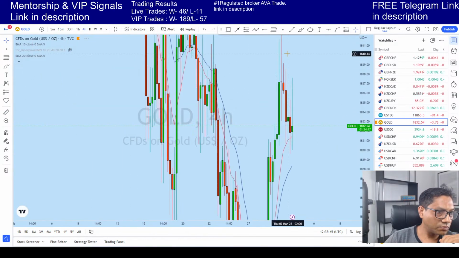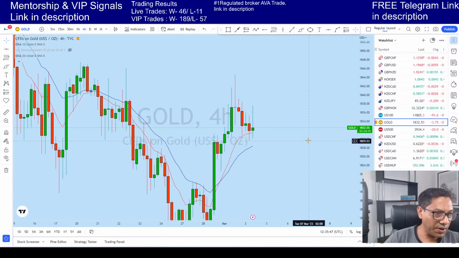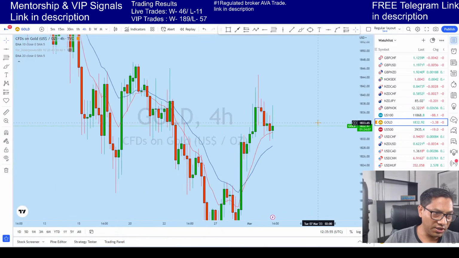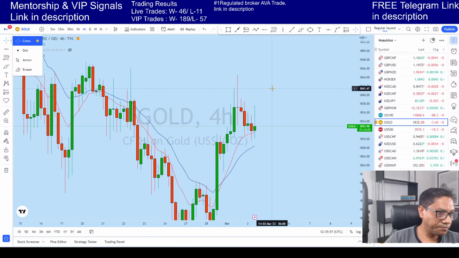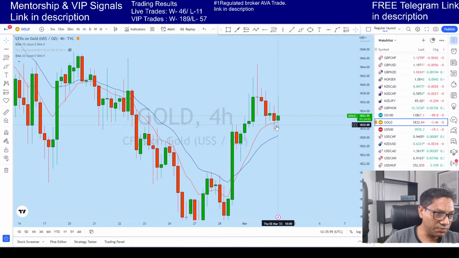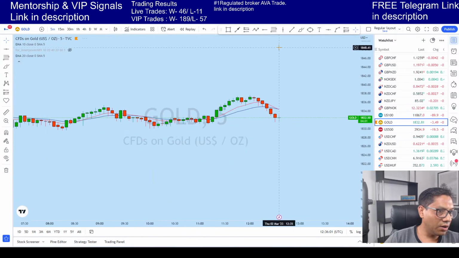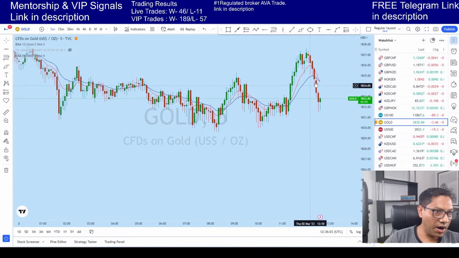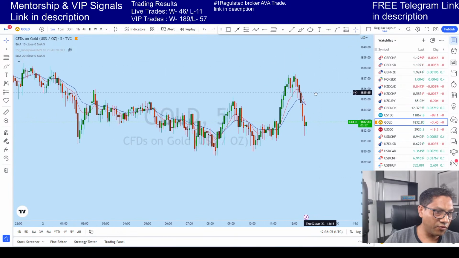Now looking at the 4-hour perspective, guys, we saw that gold has gone to this resistance level and again has come to this support zone. It is crucially important to see whether this market is bouncing back from here. It looks like it might bounce back from this support zone.